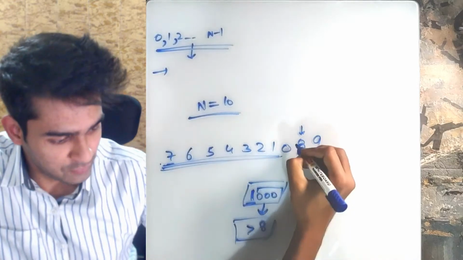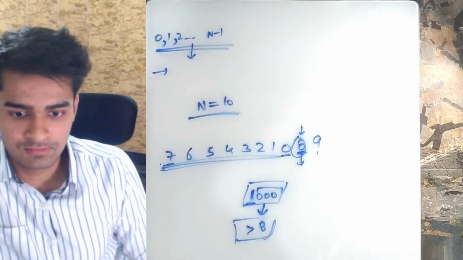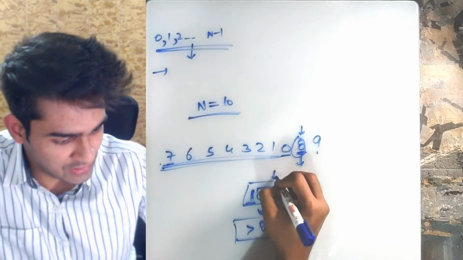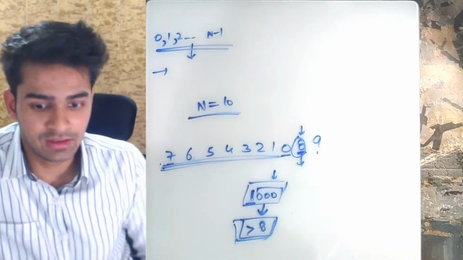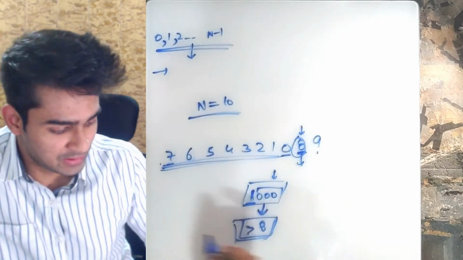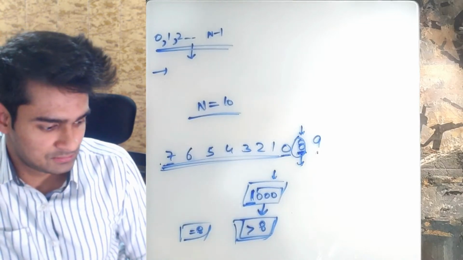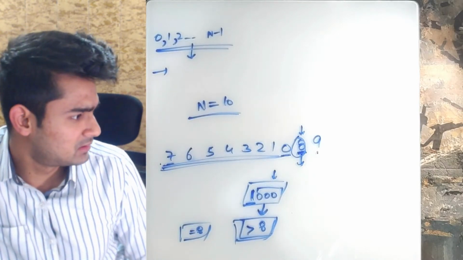Therefore, it is best if you take this 8 with a 0. Using that, you will ensure that your answer is not greater than 8, or actually it is equal to 8. Okay, is this clear?